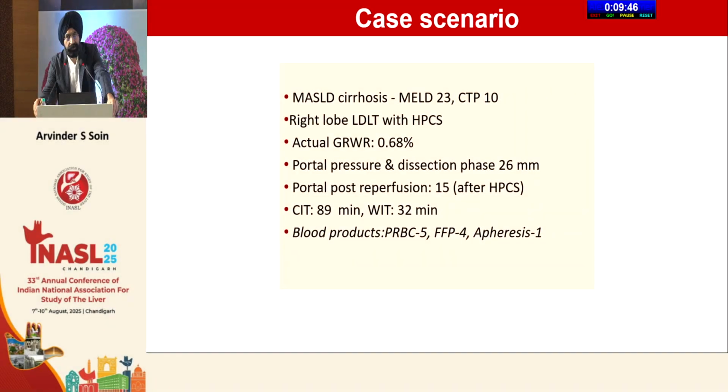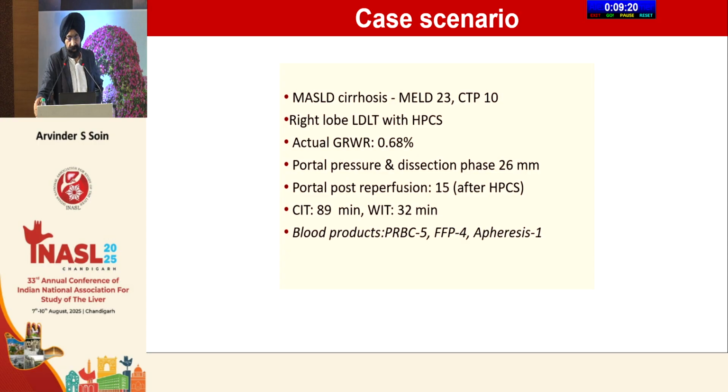So I will build this talk around a case scenario because then it becomes easier to understand what happened to the patient and then what was our thinking in managing this patient and then what we did eventually. So this gentleman, a 50-year-old person, had cirrhosis, MELD 23, CTP 10.